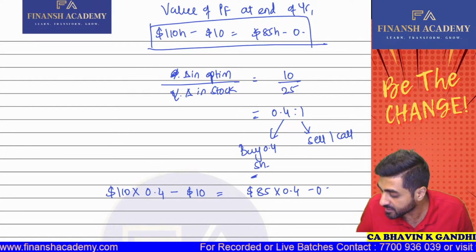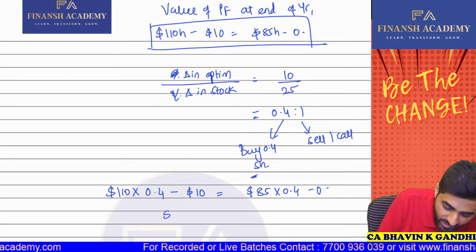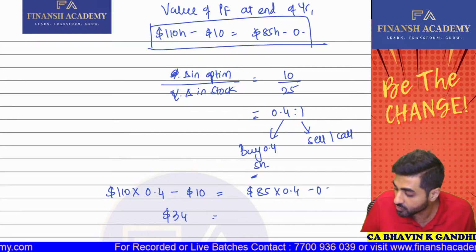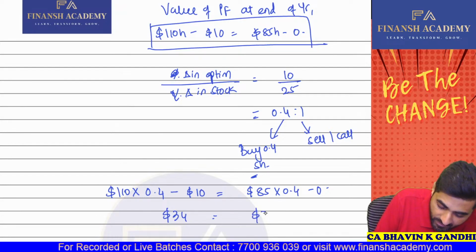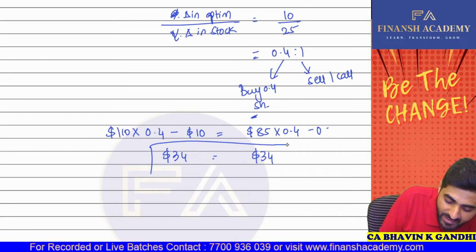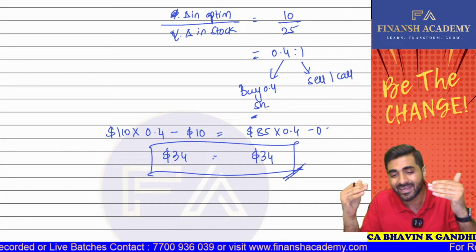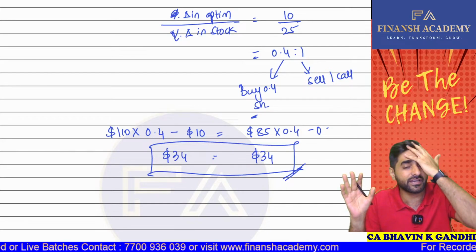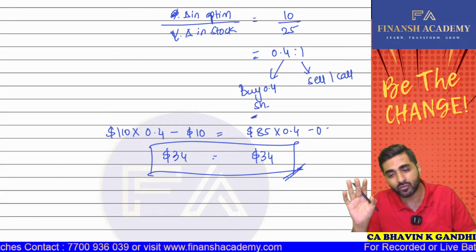So 110 into 0.4 minus 10 is nothing but $34, and this will be equal to 85 into 0.4, and that will be nothing but $34. So in both the cases, my dear students, can I say that I'll be having the value of the portfolio towards the end, that is $34 itself? Come on, yes or no? Then the answer is absolutely yes. So it's going to be $34.